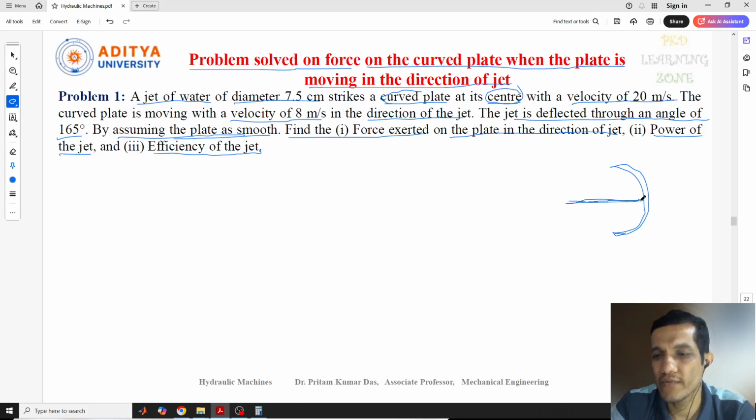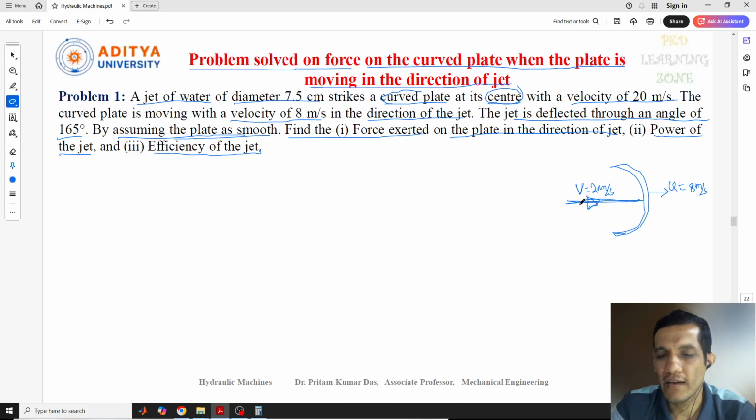After striking, the plate started moving with a velocity of small u, and the velocity of the jet is v. Here v is given as 20 meter per second, and u is given as 8 meter per second.